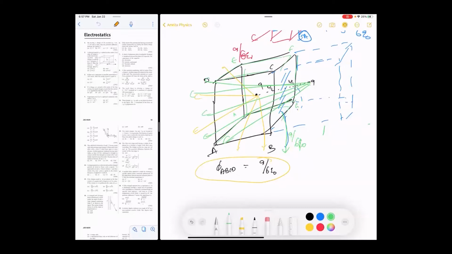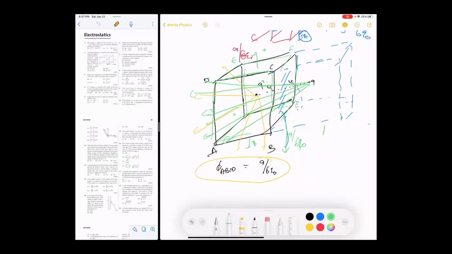All these side faces are symmetrical with respect to Q. So what I'm assuming is the flux through this is X. The flux through ABCD is X. The flux through the bottom one is X. The flux through the back one is X. Because all four are symmetrical.